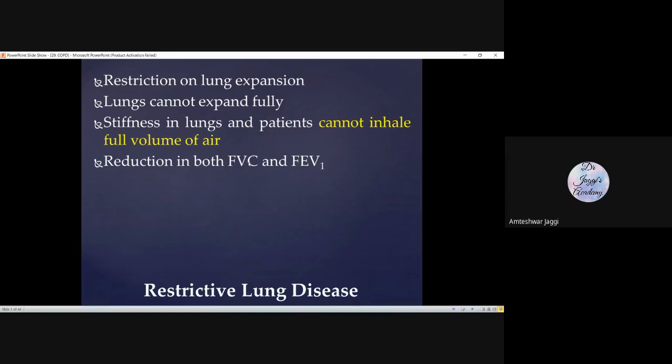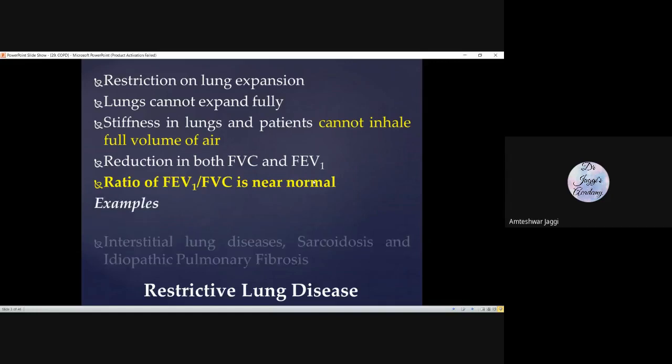If both are reduced and you take the ratio, what will be the effect on the ratio? If both are reduced, the ratio will remain the same. The ratio will not change because both are reducing. So the ratio is near normal in restrictive lung diseases.